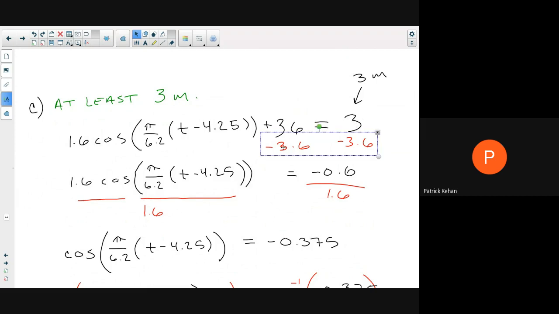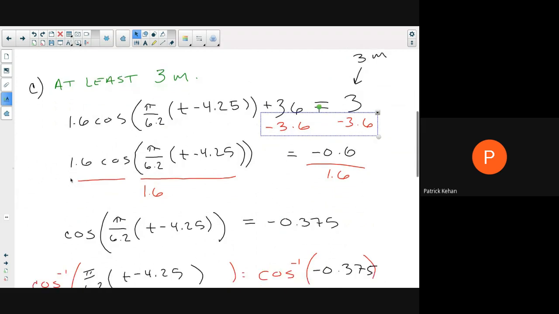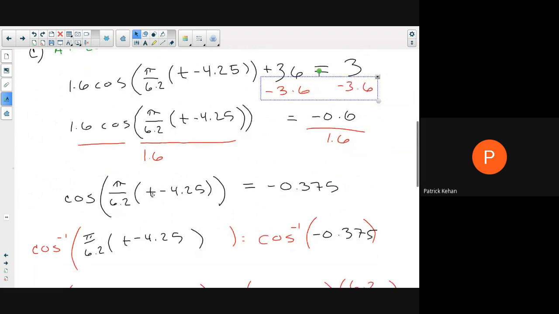So we first subtract 3.6 from both sides. Next up, we need to get rid of the 1.6 value here. So I'm going to divide both sides of the equation by 1.6. And notice, don't round, leave 3 to 4 decimal places if possible until you're finally done here. So down here, I still need to isolate the t value. So I need to undo this cosine function.